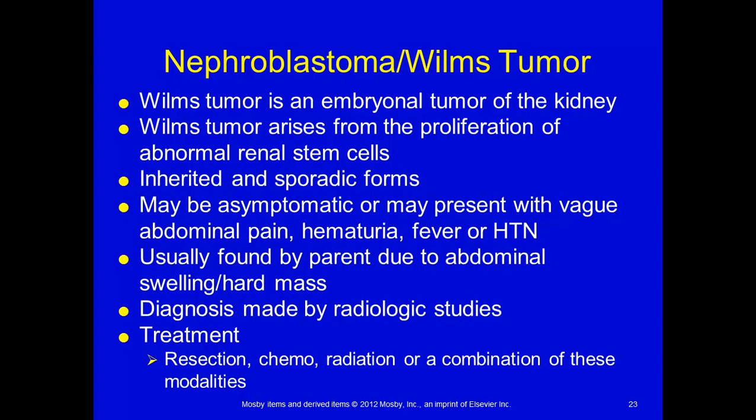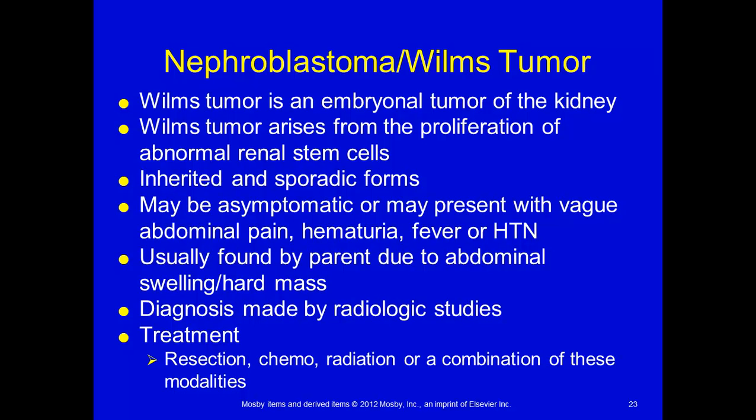It can be asymptomatic, or it can present with vague abdominal pain, which is pretty hard for a neonate, or even for an infant or a small child, to tell you about. So sometimes you'll look more at things like hematuria, fever, and hypertension, because you can have the same issues with proper functioning of the kidney as with any other issue going on with the renal tissue. So you can see hypertension in these babies, infants and small children.